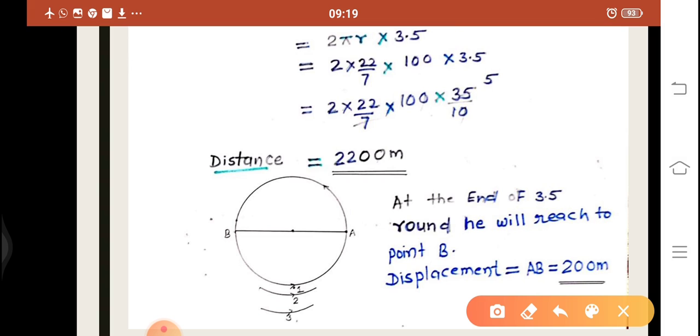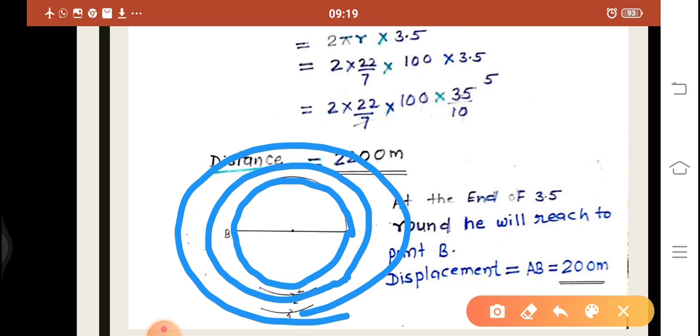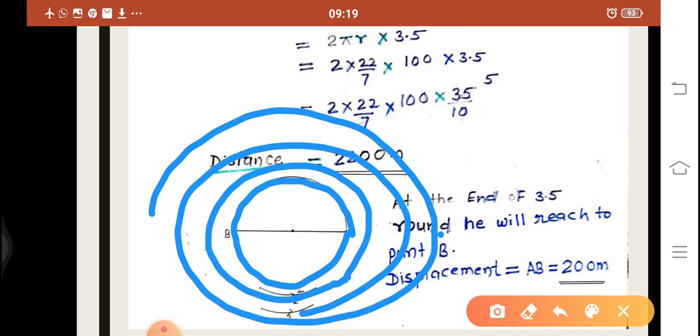Now we will calculate displacement. Here he is going from A to B, one round. Now he is making the second round, now the third round, and then 3.5 rounds.